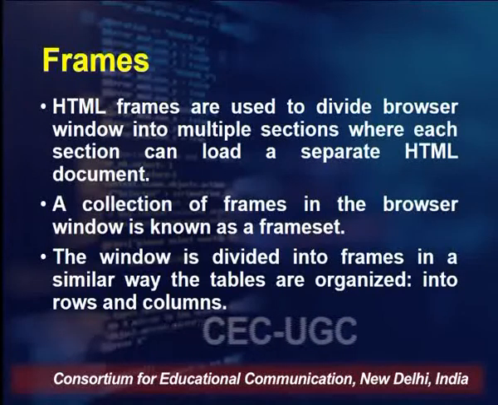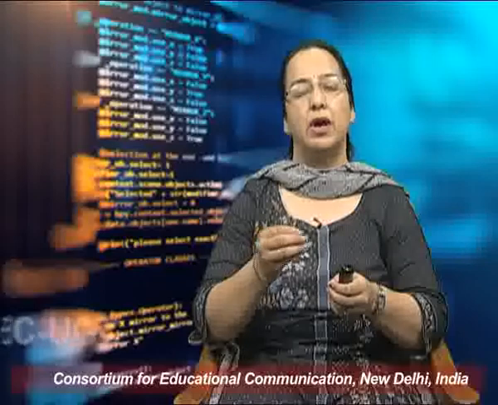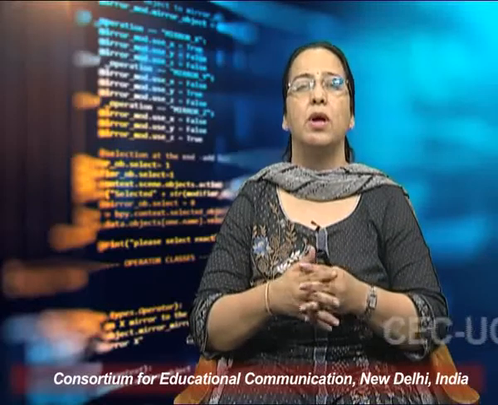Now, a collection of frames in the browser window is known as a frame set. For example, if we have three frames within the browser window, that collection of frames is known as a frame set. The window is divided into frames the way tables are organized, that means in the form of rows and columns.